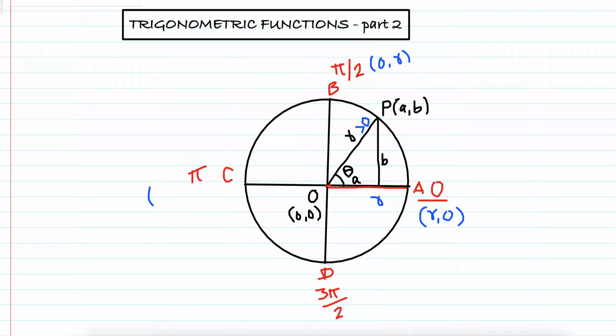Its coordinate would be minus r, 0, and here 0, minus r. And this point is Q.